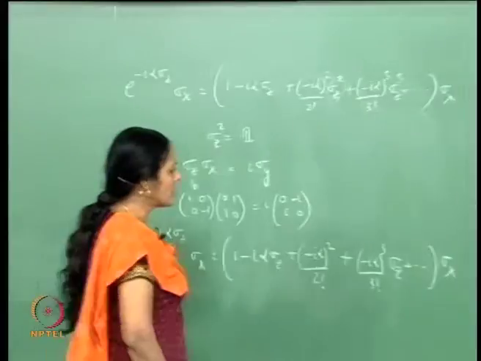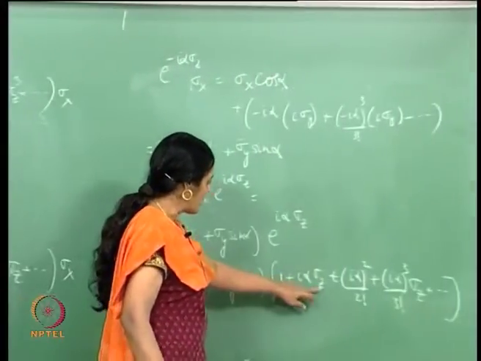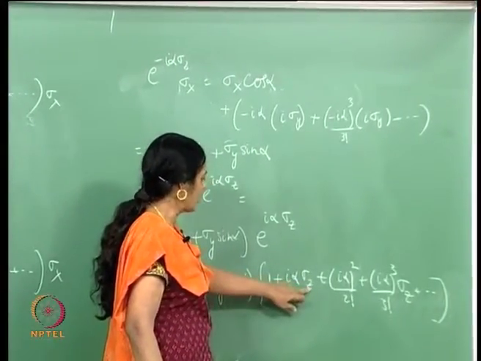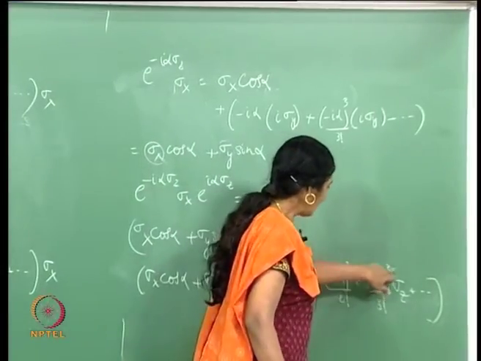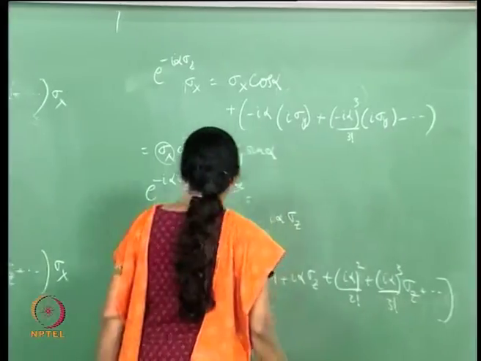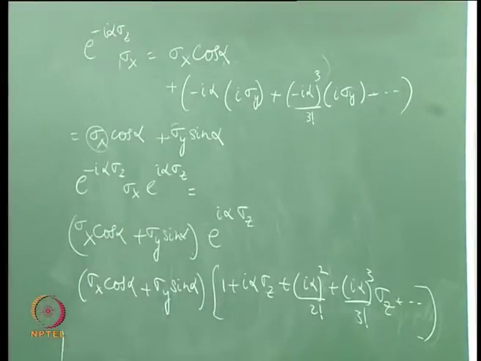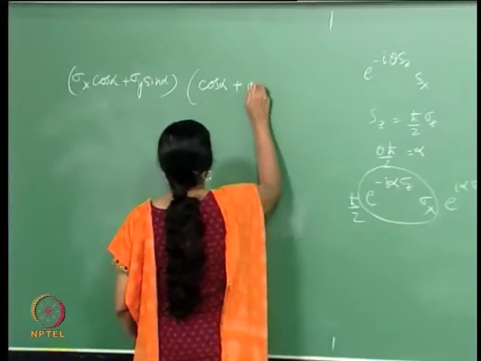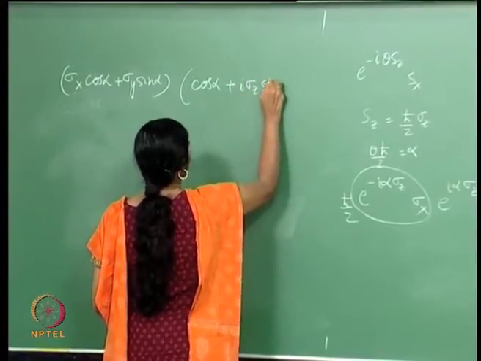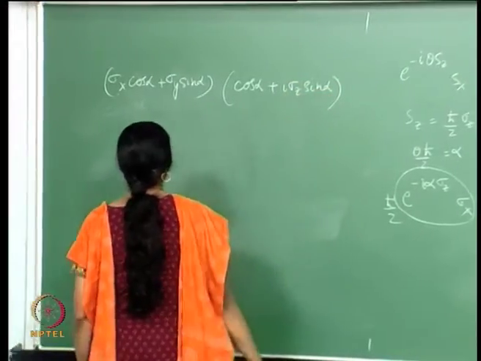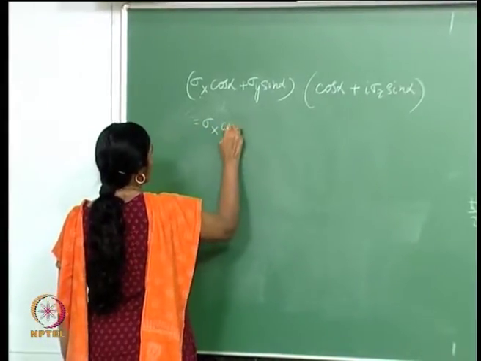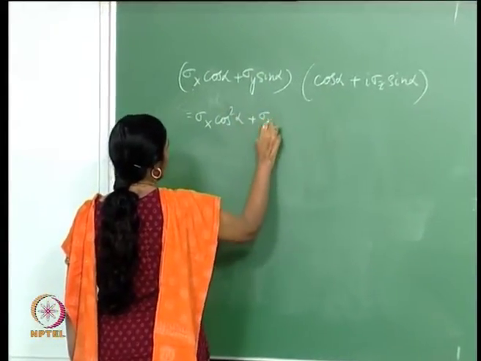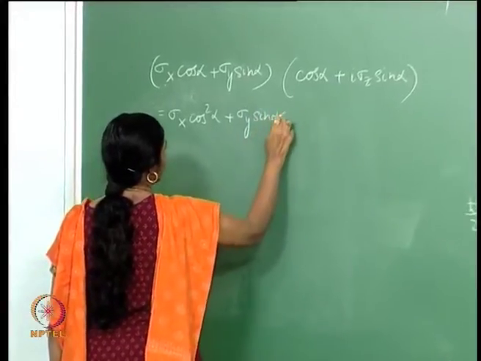And then the rest of the terms would multiply sigma z, and if I pull out an I sigma z, I just have alpha, and then I have an alpha cubed by 3 factorial and so on, which is I sigma z sin alpha. So, basically this is sigma x cos squared alpha plus sigma y sin alpha cos alpha.